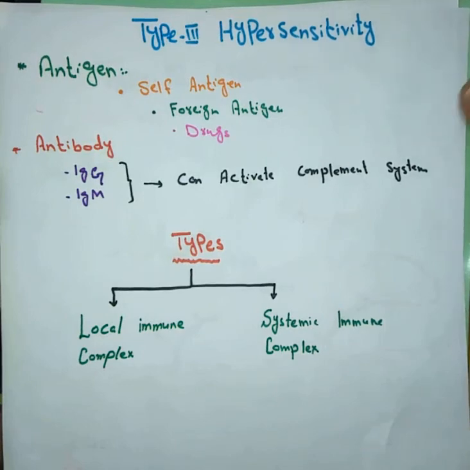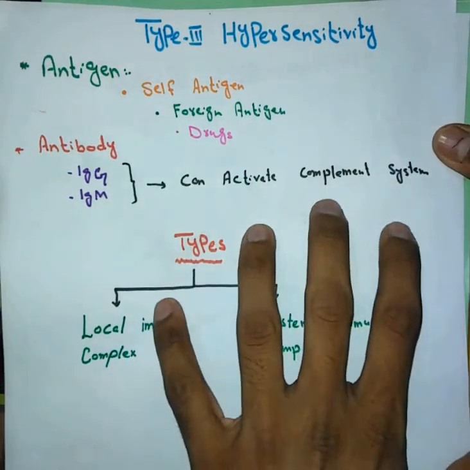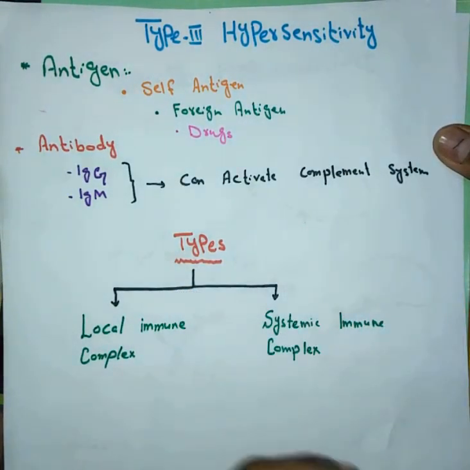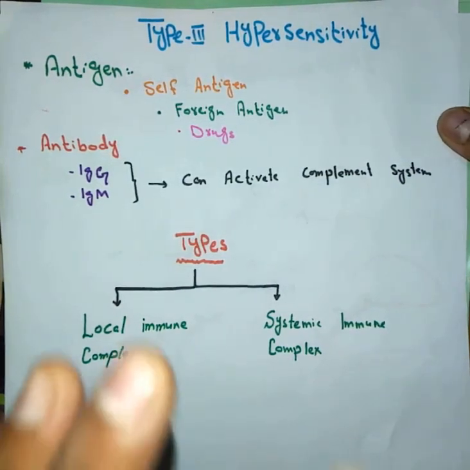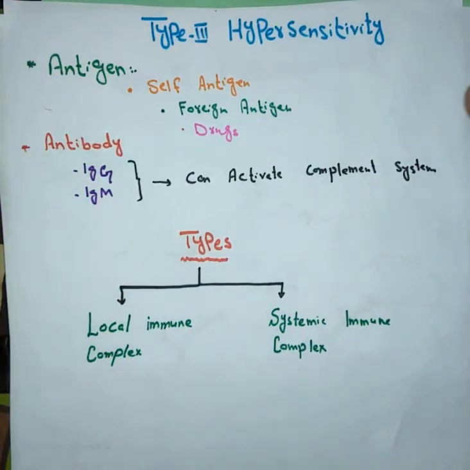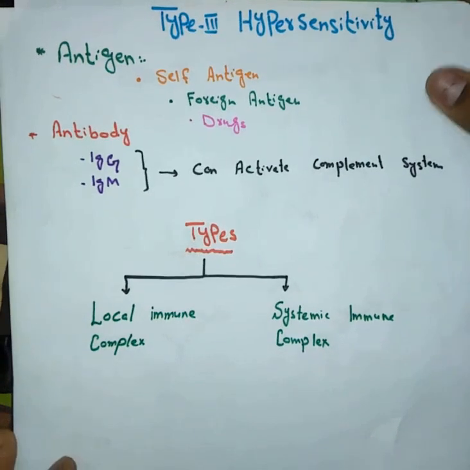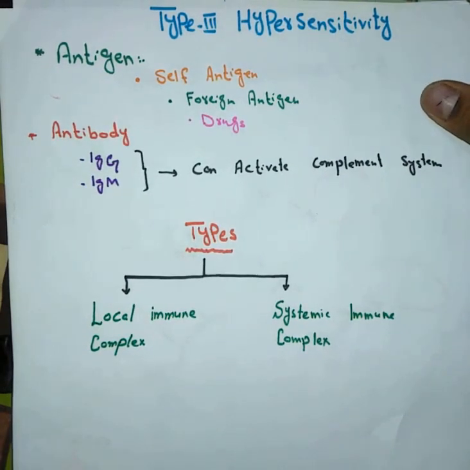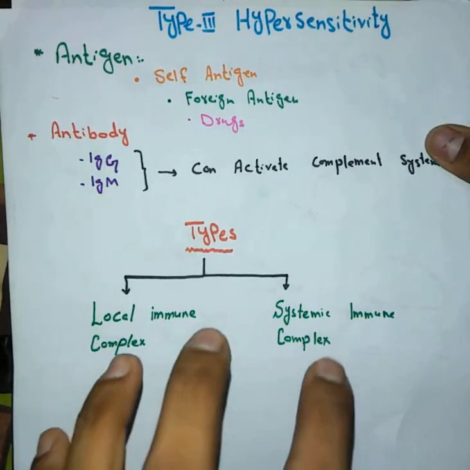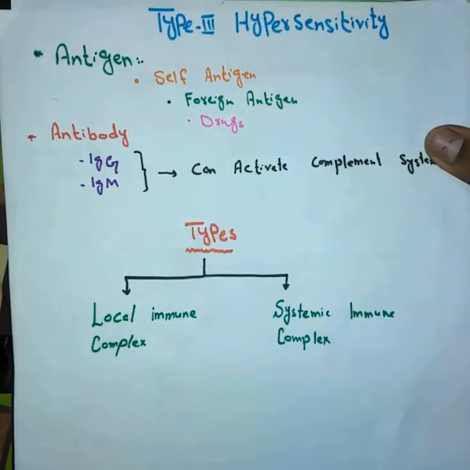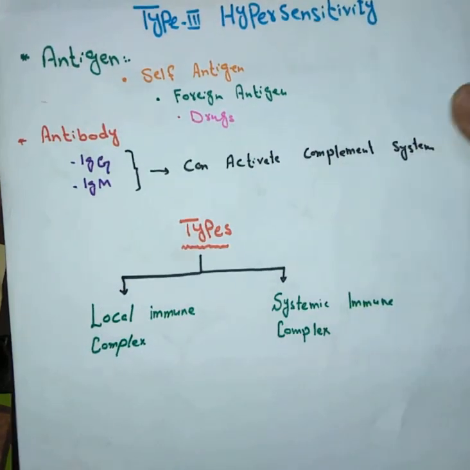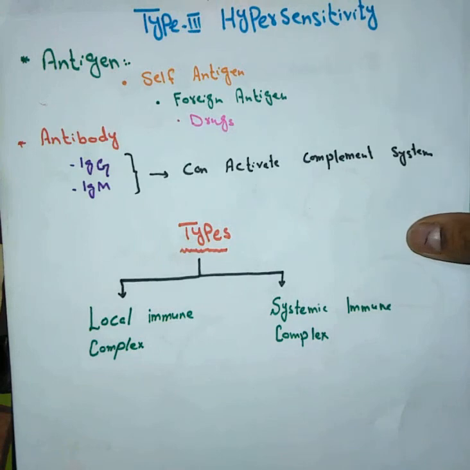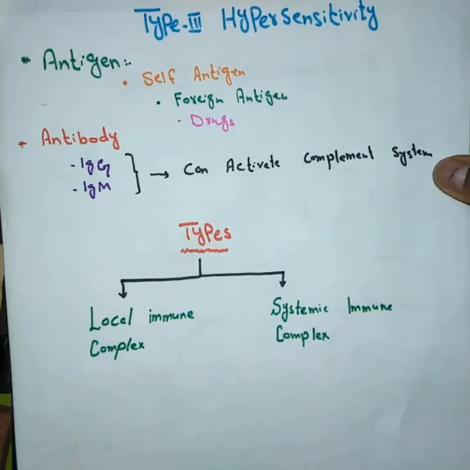We have talked about the details of the complement system, its different pathways, its activation, and its pathway of cellular damage in the previous video. In this video I will just talk about the role of the complement system with respect to type 3 hypersensitivity reaction. If you want to learn more about the complement system, you have to visit my previous videos.